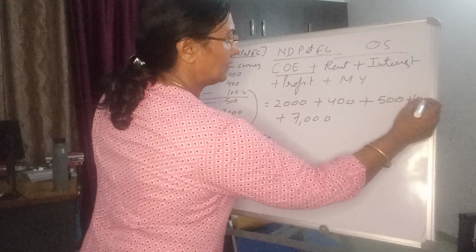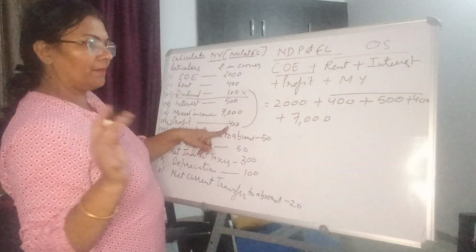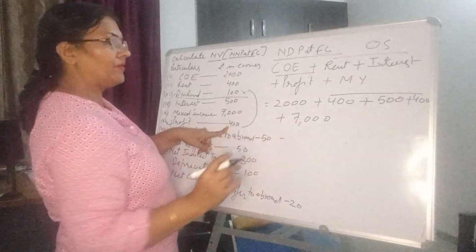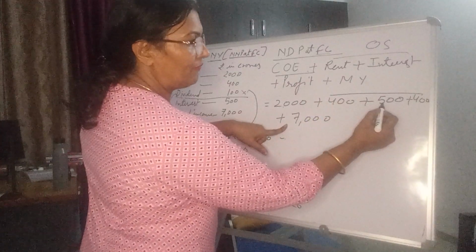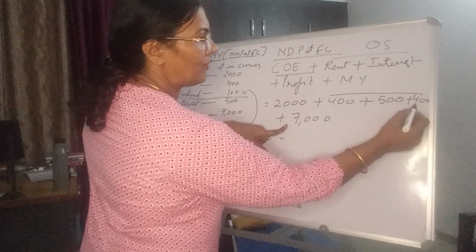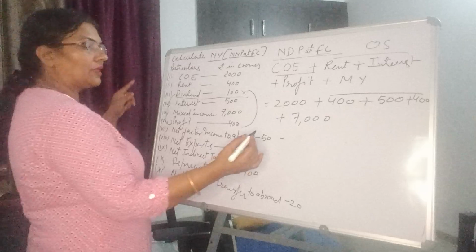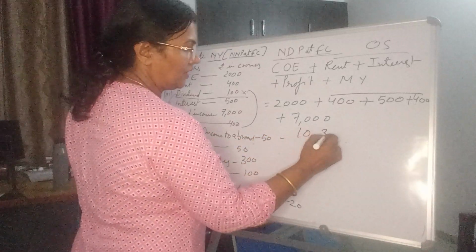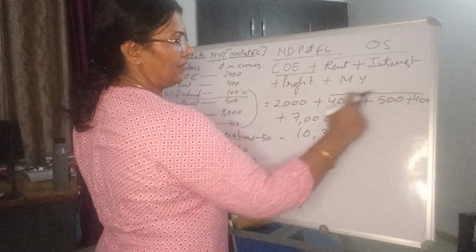So write together: this is operating surplus, this is COE and this is mixed income. So 2000 plus 7,000 is 9,000, then 9,500, and 9,500 plus 800 is 10,300.